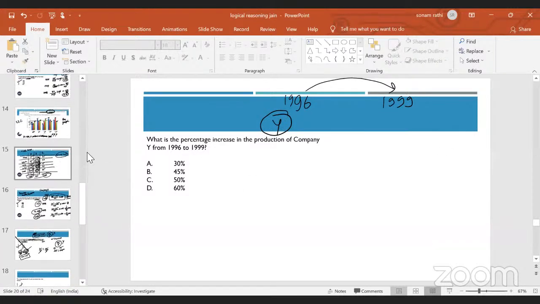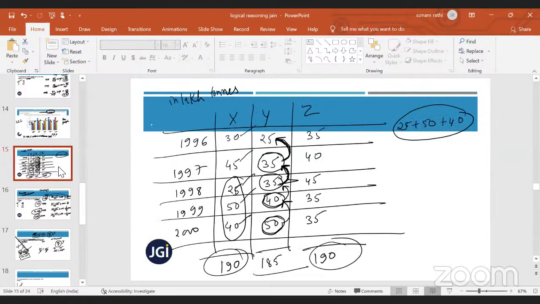Okay, let's go back to the table. 1996, from here to where? 1999. So from 25 to 40, what is the increase?